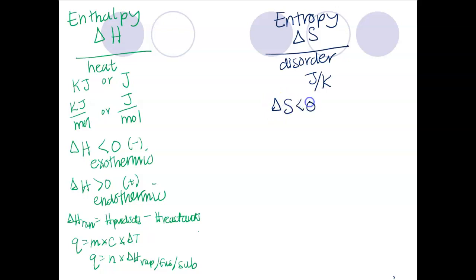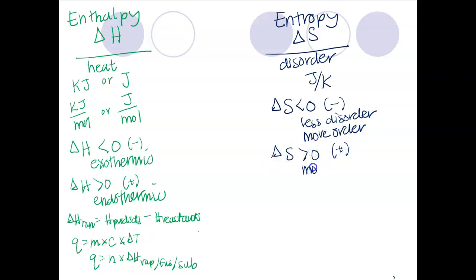So delta S can be less than 0, which means negative. And that means there is less disorder, which can also be worded as more order. Things are more organized, they're less messy. Delta S could also be greater than 0, which means it's a positive number. And that would mean the disorder is increasing, so there'd be more disorder or less order.